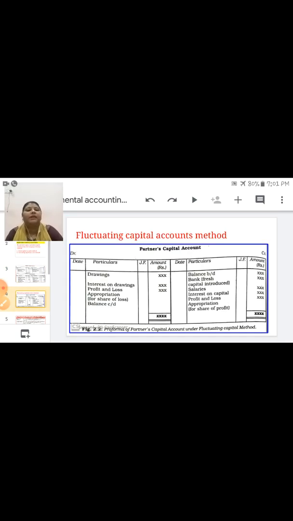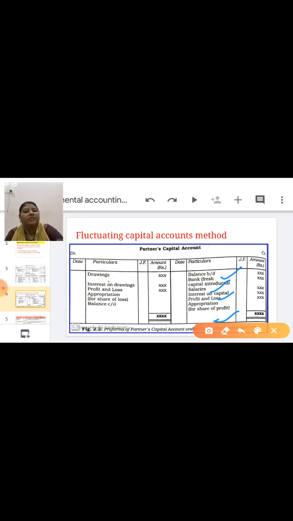Now the second method is fluctuating capital account method. In this you have to maintain only one account, that is partners capital account. In partners capital account, first you have to transfer opening balance of capital by balance brought down, and other things from the P&L appropriation account, same as in the current account: interest on capital, salary, commission, share of profit.